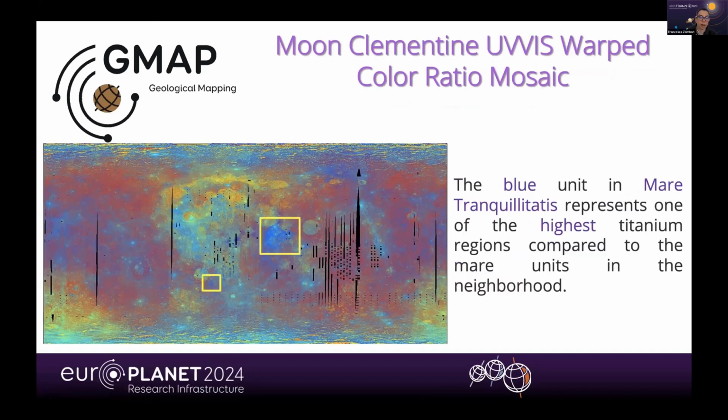Then when the blue unit dominates, we are in the presence of high titanium regions, and these are shown mainly in some localized areas close to Mare Tranquillitatis, and in this other area in blue, you also have another region but more localized than this.